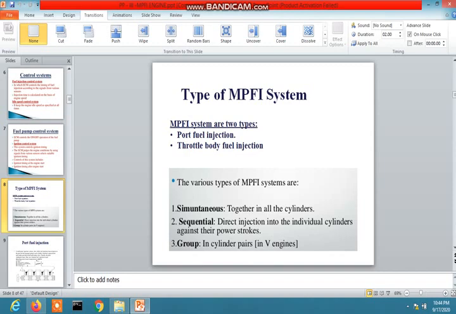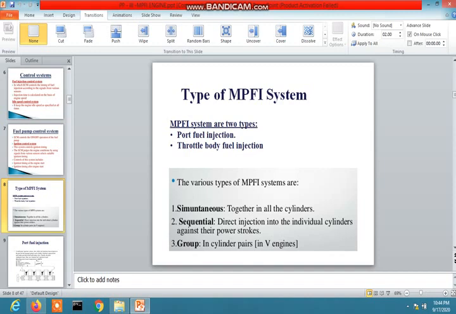And another type is based on the process control of MPFI. As per process control, MPFI systems are of three types.